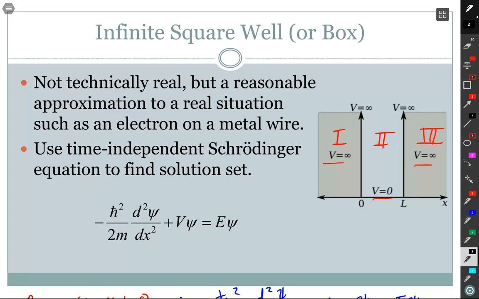But what I have done is I have taken the wave equation, the Schrödinger equation, in this case specifically the time-independent Schrödinger equation, to find a wave function. That wave function is analogous to the electric field function for an electromagnetic wave. So this is the wave function for a matter wave for my particle.